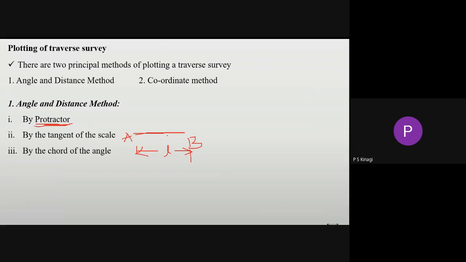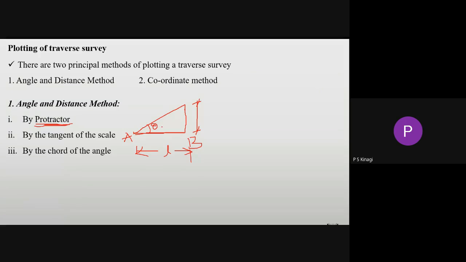We draw this line with respect to that point. This is our theta, the angle between these two lines measured in the field. Now we have to find the distance of this one.